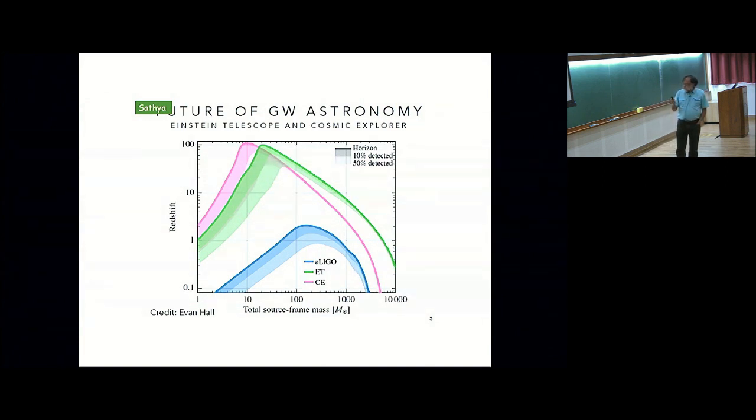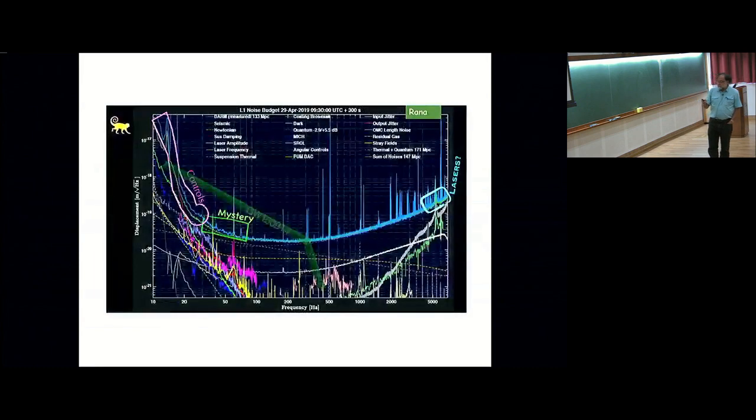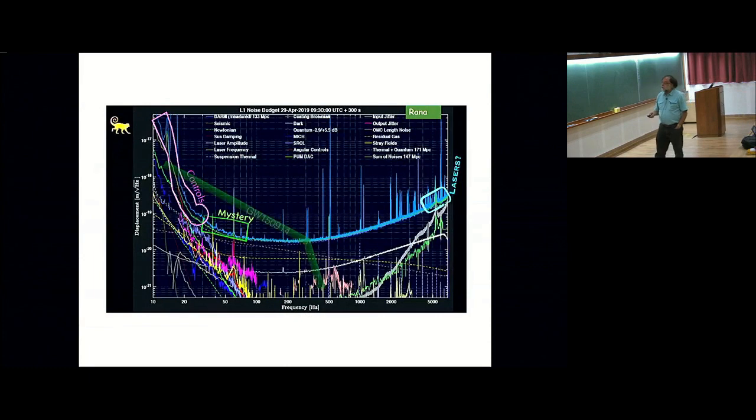Here I'm going to actually tell you that, remember, this is advanced LIGO. We're not actually reaching this, and the reason is because of something that Rana showed you, which is, although those curves that David McClellan showed us were really nice, we don't actually sometimes reach those.